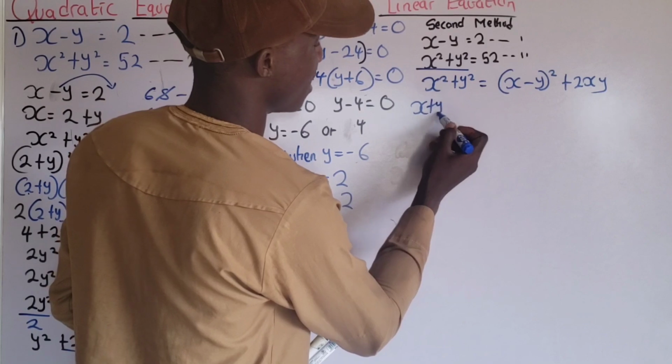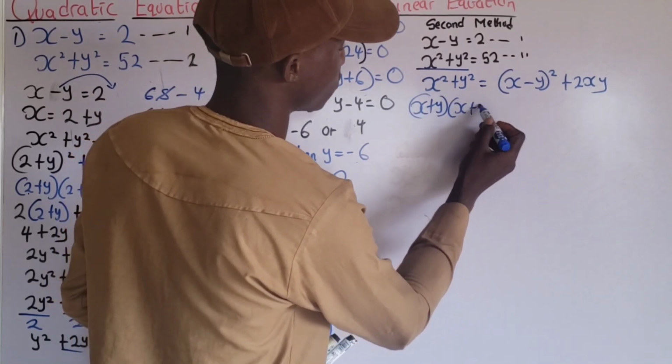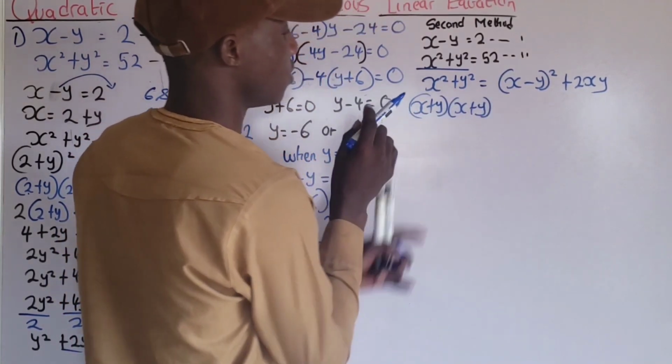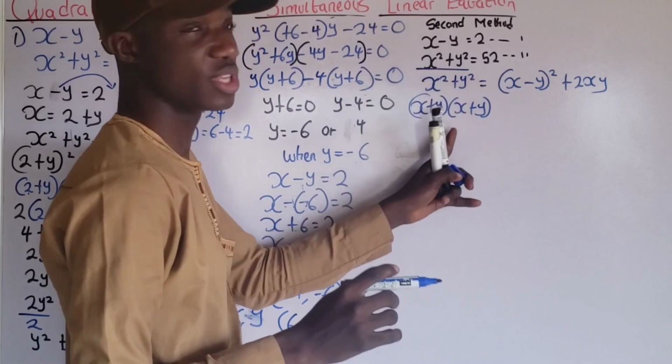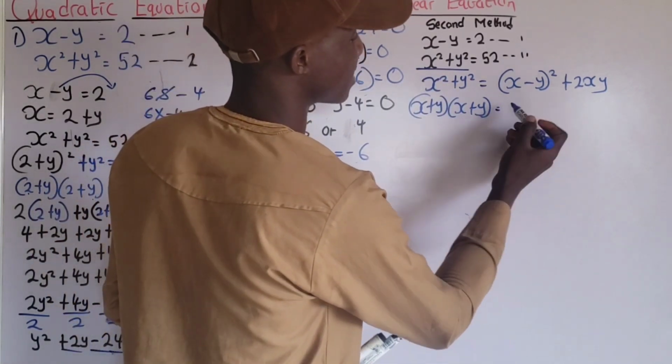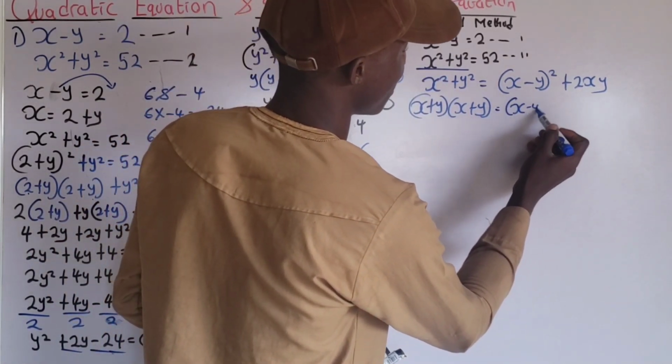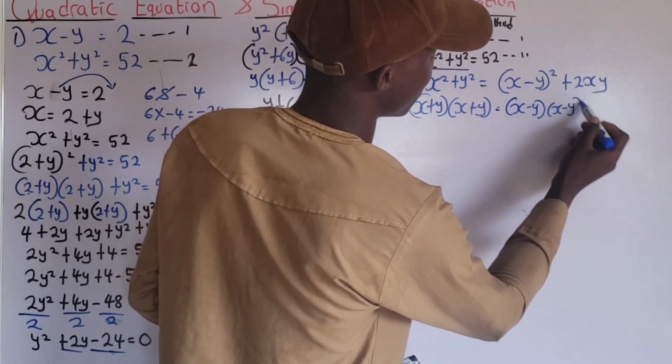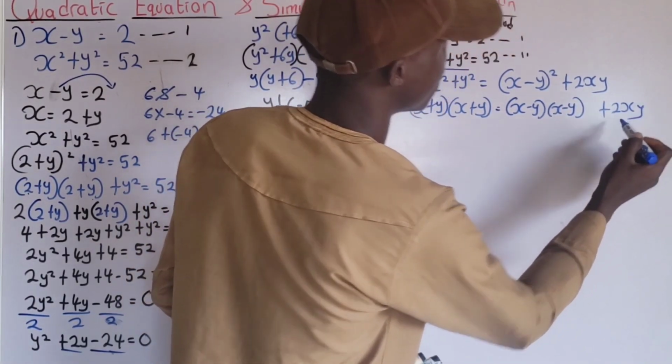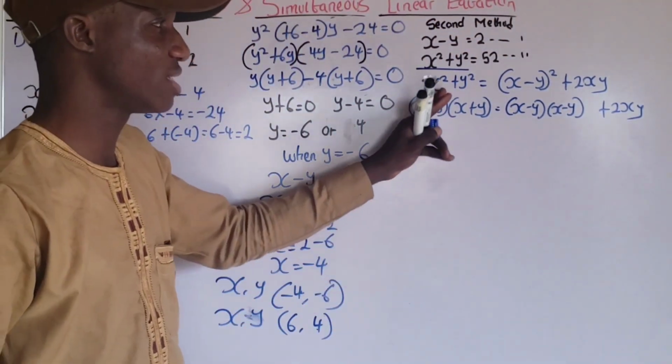For the left hand side, x plus y squared, difference of two squares, x squared plus y squared will give us this. And for the right hand side, I'm going to have x minus y squared plus 2xy. I just want to show you that this is equal to this.